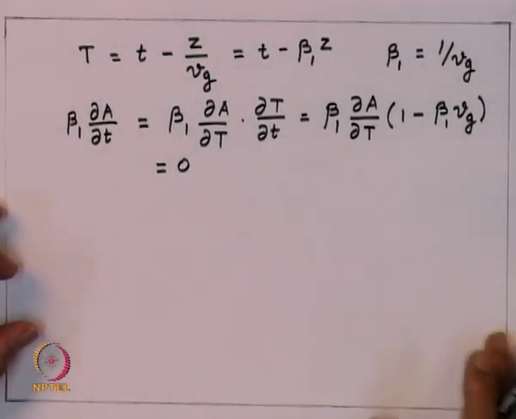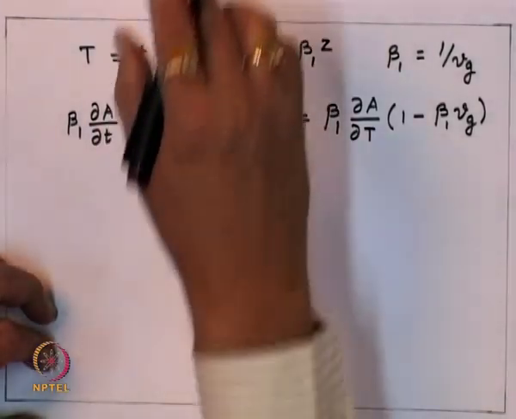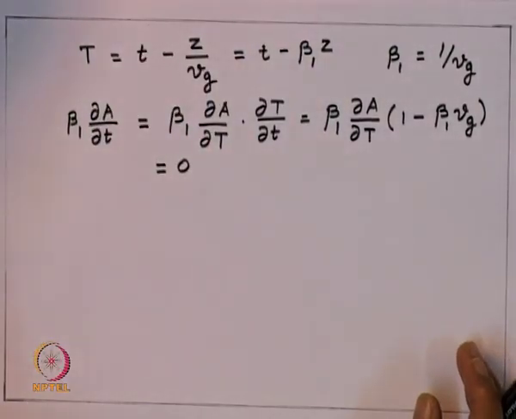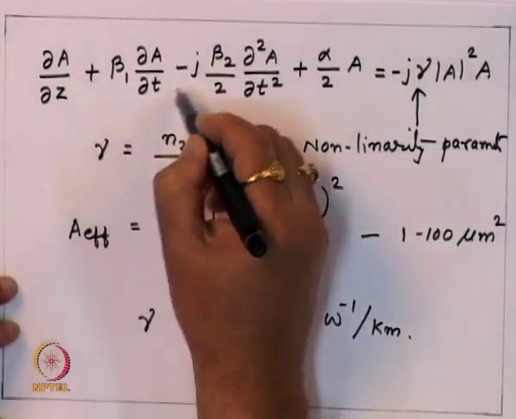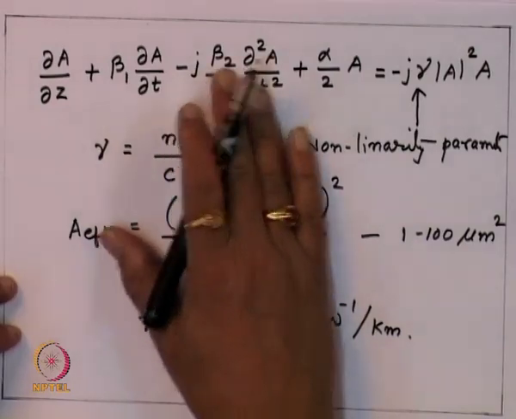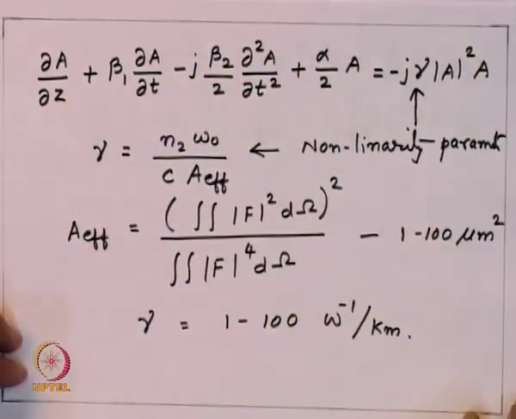So, what that means is now that we can substitute the new time in this equation, and in that time this term will not be there. You will have all other terms, but this term will vanish.